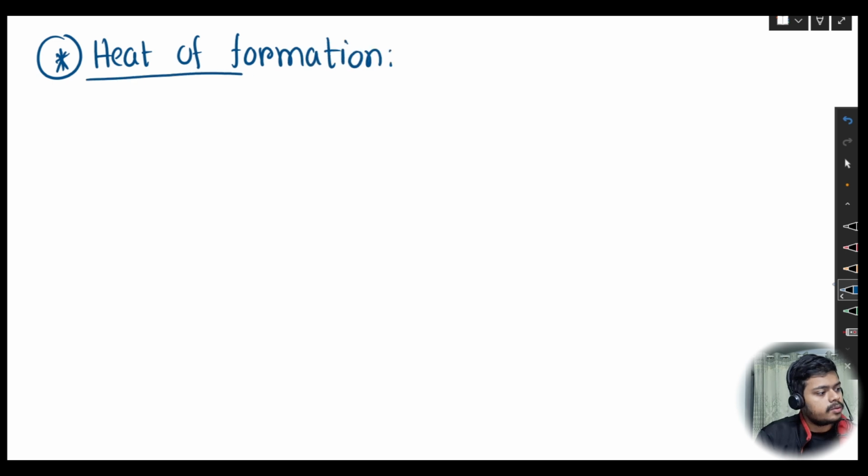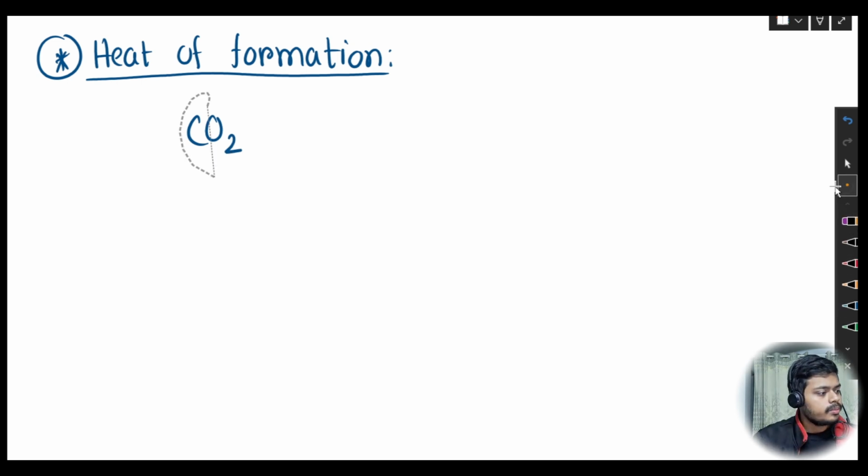So let's concentrate here. What is the heat of formation? The heat of formation is the chemical reaction in which a compound is formed from its elemental components. For example, carbon dioxide is a gaseous molecule.